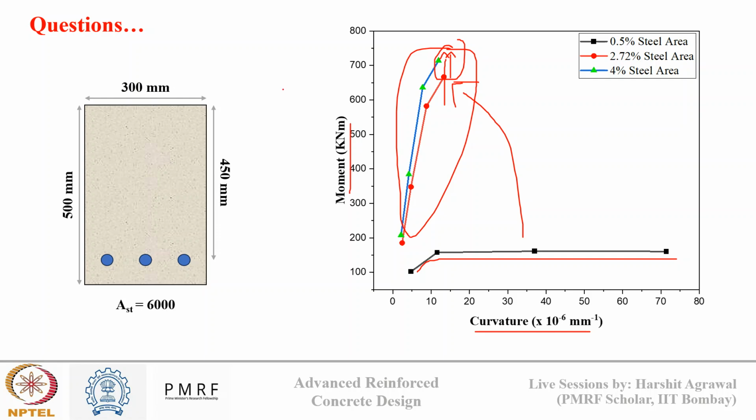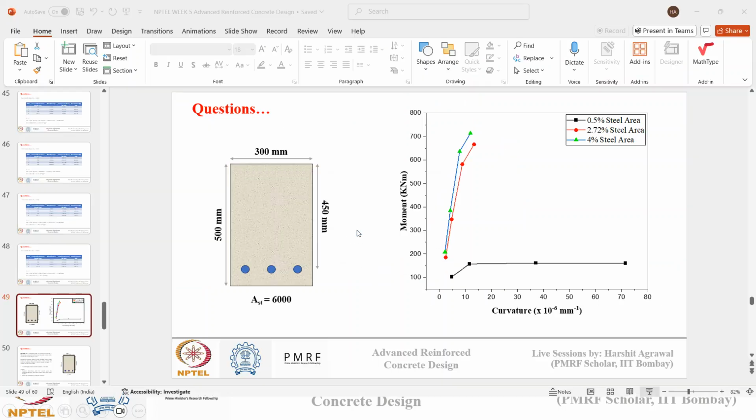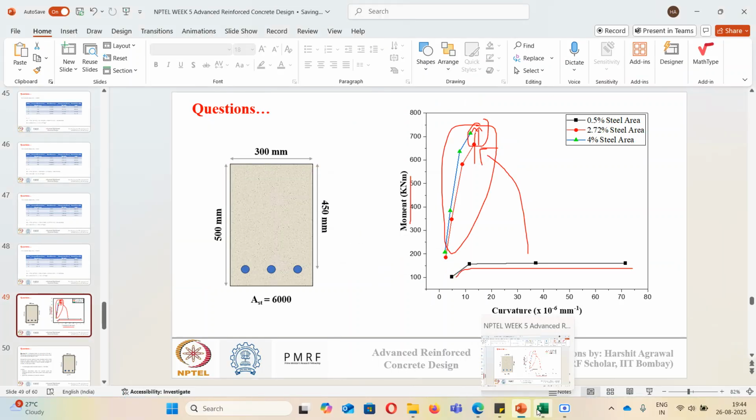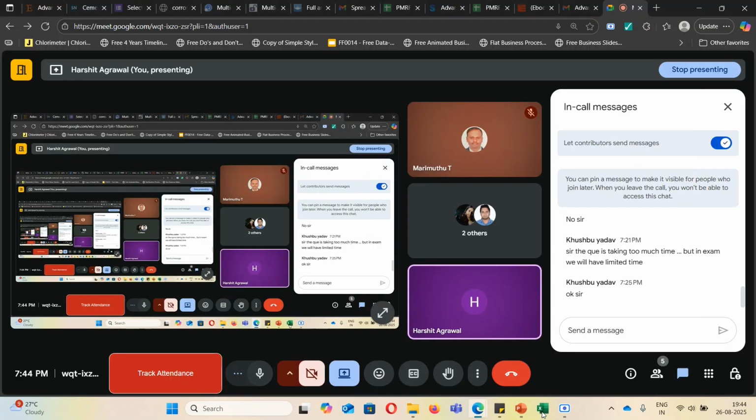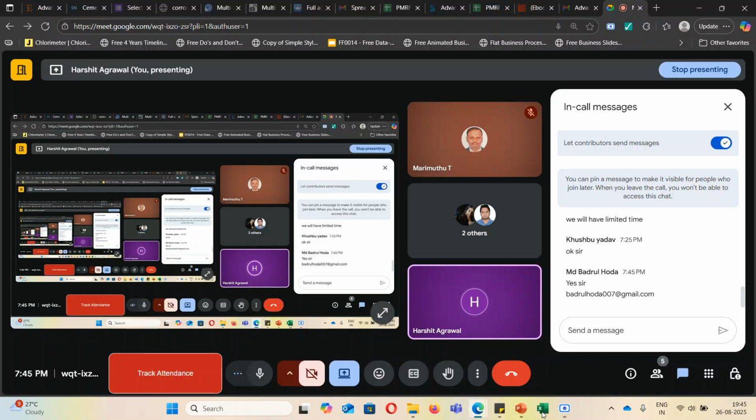Okay, everyone understood how I used this Excel sheet for doing the calculation? Any doubt in this part? So if you want, I will share this Excel sheet with you for solving the assignment questions. It will be very helpful. Any doubts in this question about over reinforced concrete design?